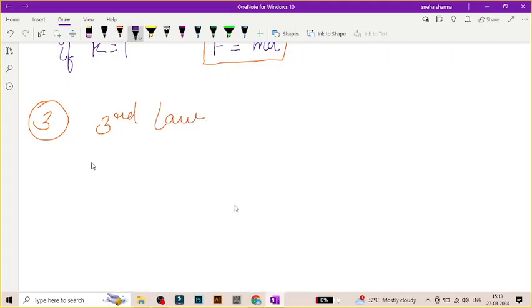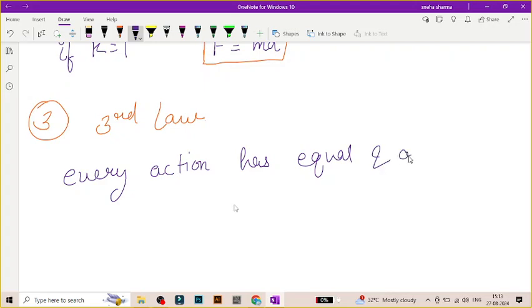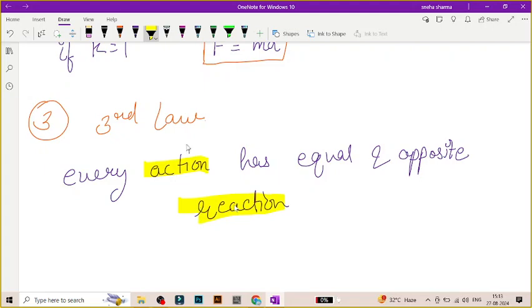The third law says that every action has an equal and opposite reaction. Okay, so every action has an equal and opposite reaction. This is the statement of the third law.